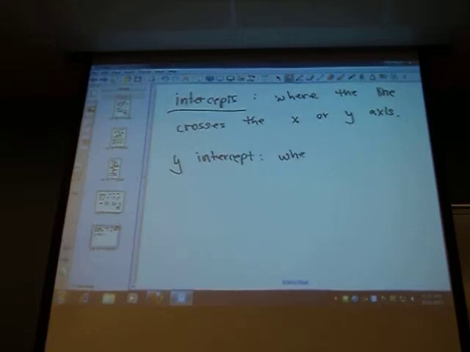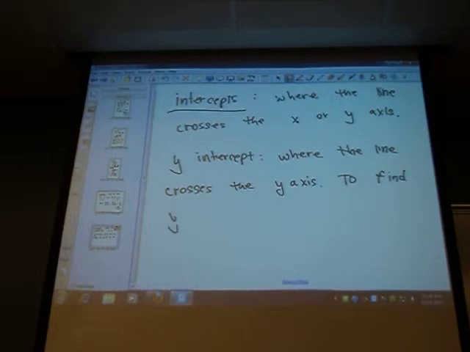is where the line crosses the y-axis. Okay, and to find the y-intercept, what do we do? Anybody know? Make x 0. When x is 0, you only have the y-intercept.